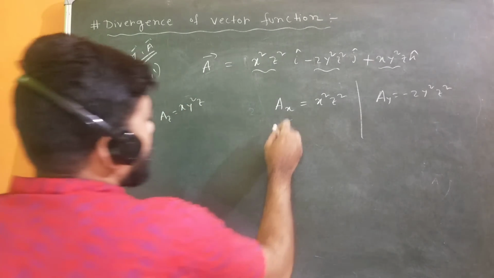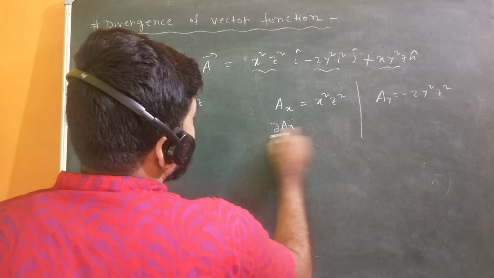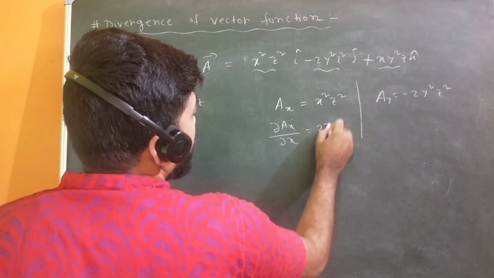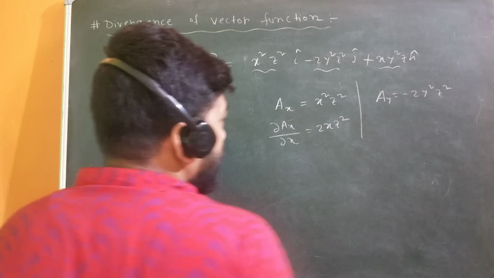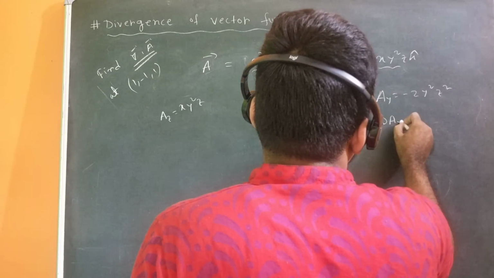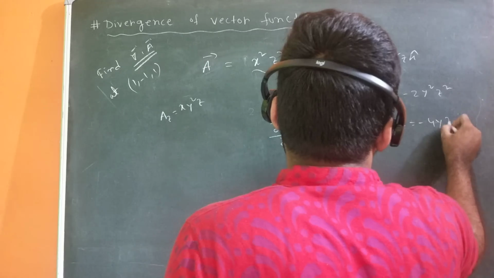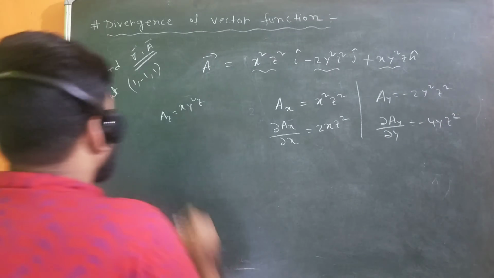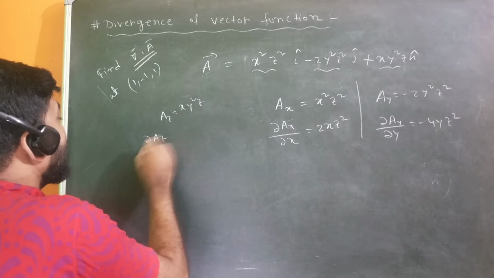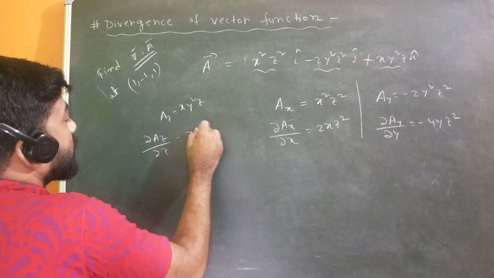So you have to find del ax del x from here, so you will get 2xz square. Del ay del y gives minus 4yz square, and del az del z gives xy square.